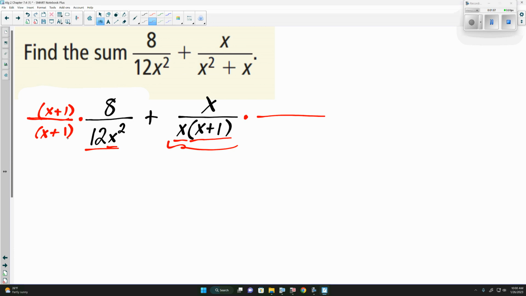Now if we look on the right side, it is missing the 12, so we multiply 12 over 12. The right side only has 1x, the left side has 2 of them, x squared, so we also need to multiply it by x.